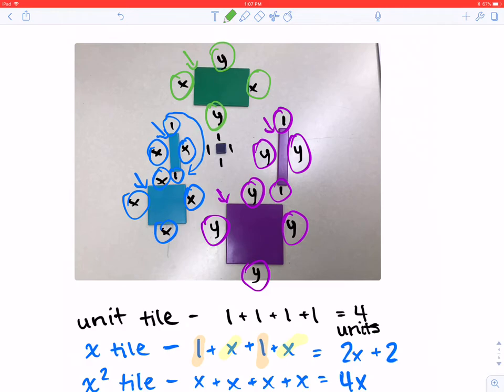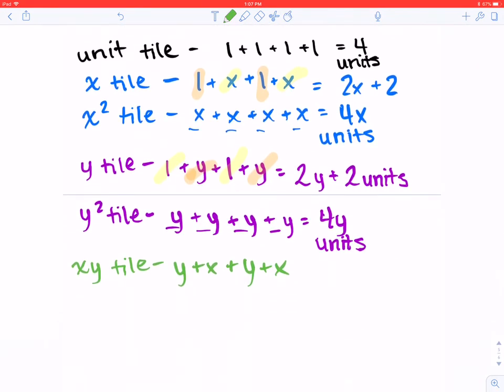And as we start to combine these tiles and find their perimeter, we're going to find that it's really easy to leave things out. So we want to make sure that we check them off or circle them as we go, and that we start at one point so that we know where to stop and we don't repeat or leave anything out. All right, so here I have Y's as like terms, and I have x's as like terms. So I wind up with 2y plus 2x units.